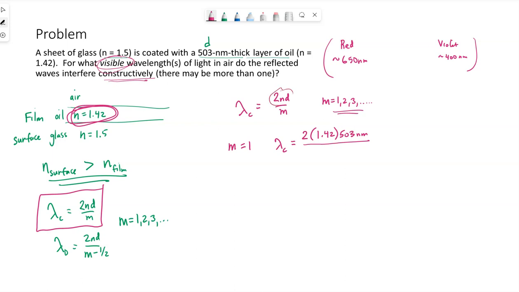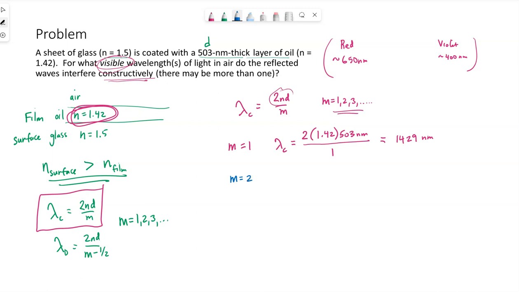What we're going to vary is m. If I put in m of 1, I'm not going to round my answer yet. This m of 1 gives me a value of 1429 nanometers. This is not visible. It still constructively interferes, but we wouldn't be able to see it because it's not visible light.